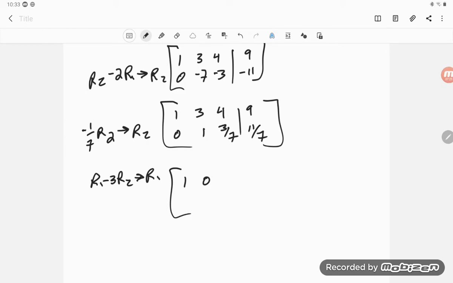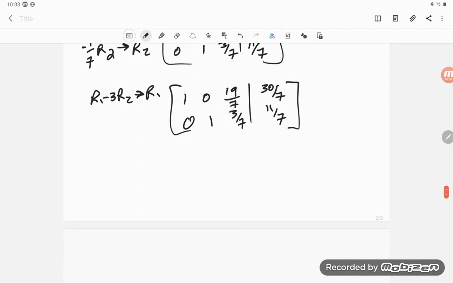That's 28/7 minus 9/7. So I get 19/7. 9 is 63/7, so I have 63 minus 33, so that's 30. And the bottom is 0, 1, 3/7, and 11/7.